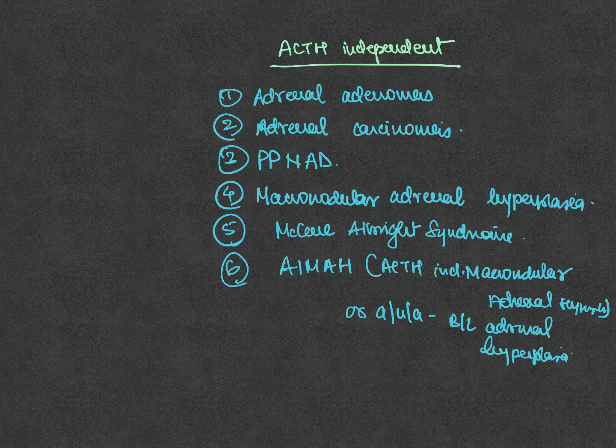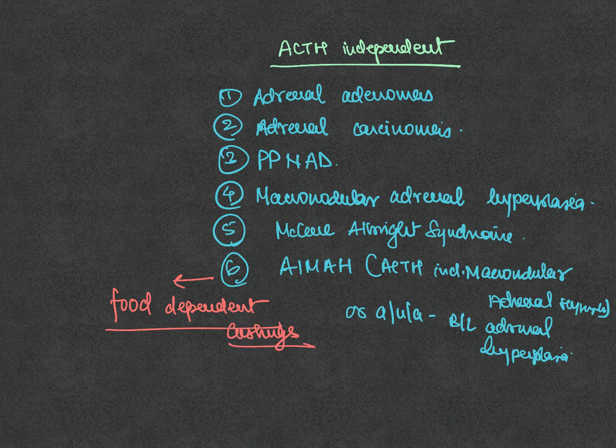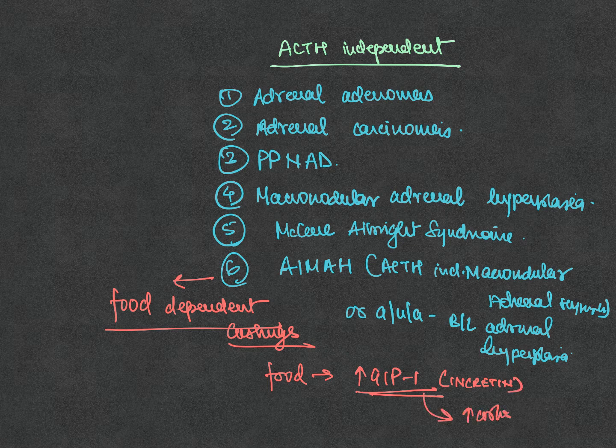So the interesting part about this disease is actually it is a food dependent Cushing's. So what happens? The receptor changes. Like when we take food and there is increase of GIP, glucose-dependent insulinotropic peptide, which is an incretin, and this will cause increase in cortisol levels.